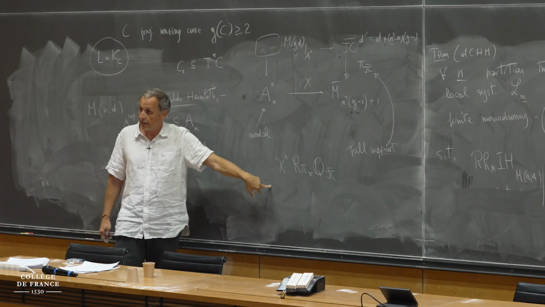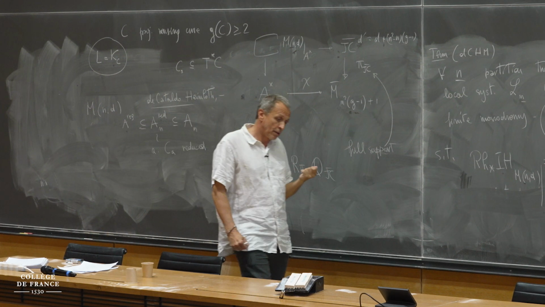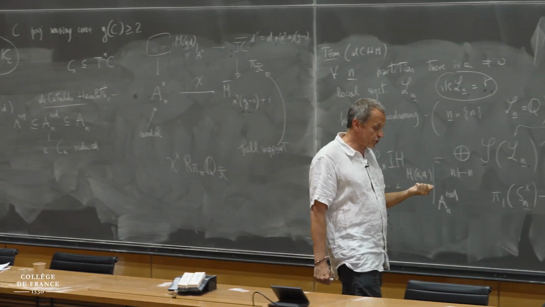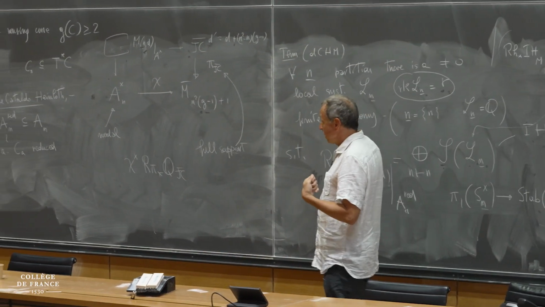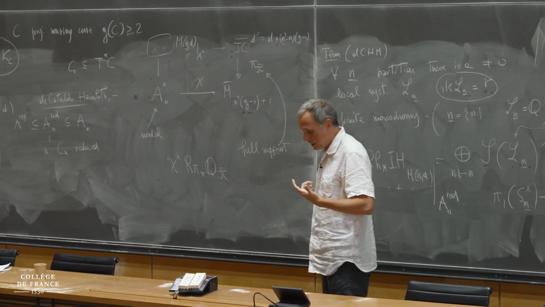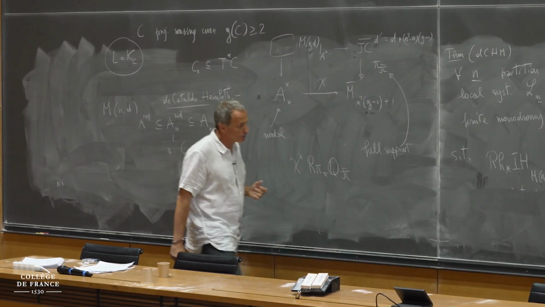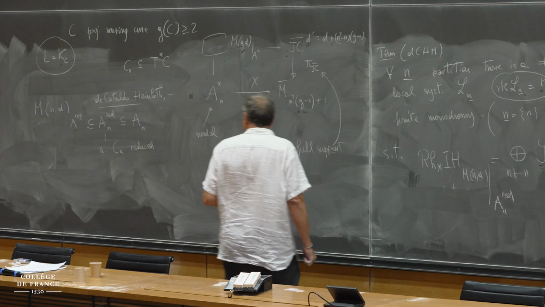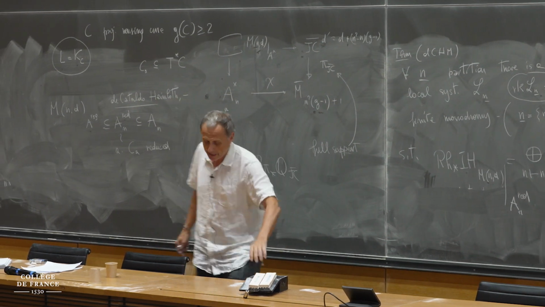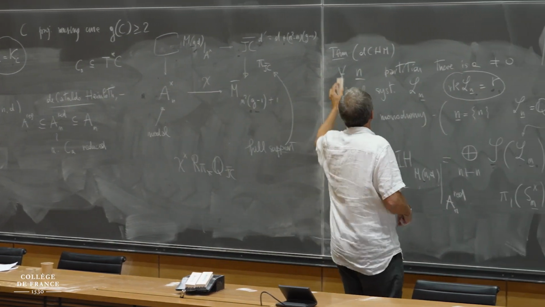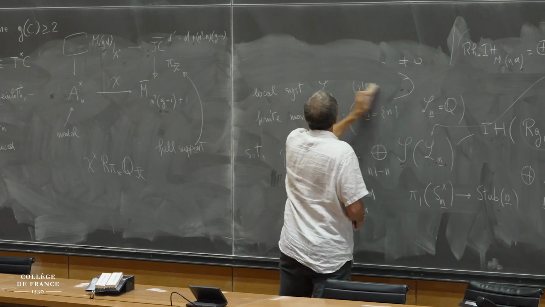So what I have to understand is how intersection cohomology behaves with respect to pullback. And in general, it doesn't behave well at all. And let me sketch an example which I like very much. I find it quite enlightening.